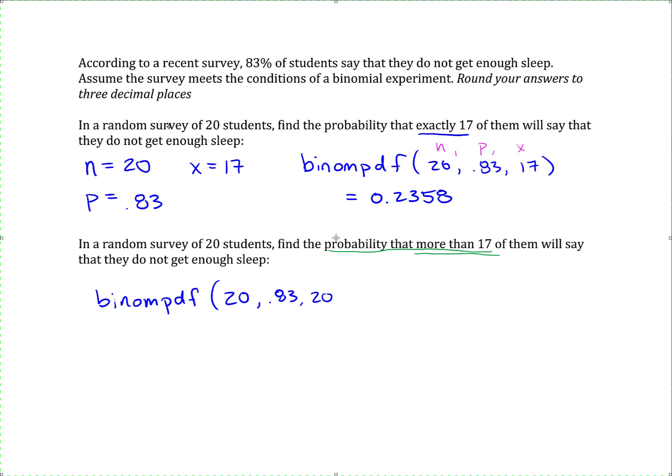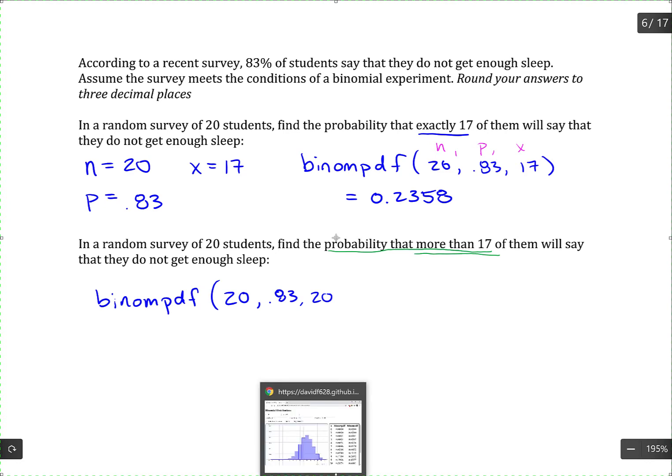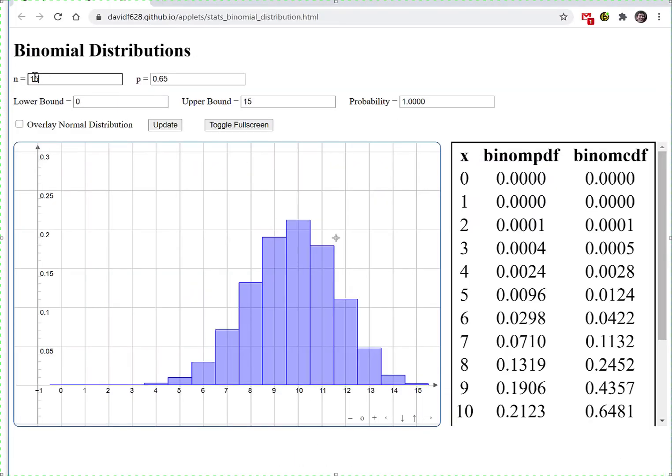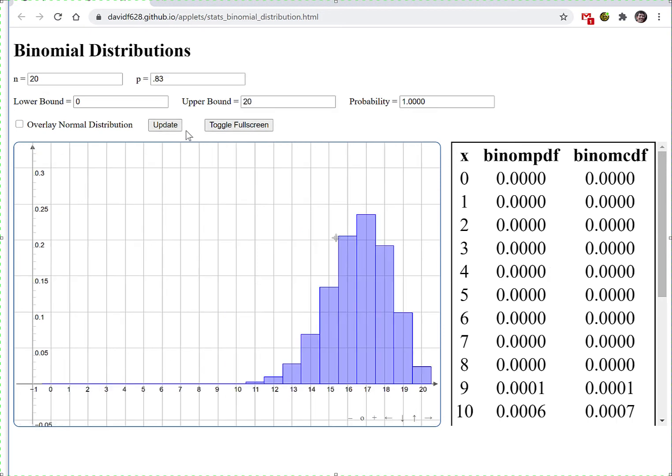Because in effect, what we're trying to do when we have binomial probabilities that are complex like this, we have 20 trials, probability of success is 0.83, and just go up to 20 and leave it. This is what our binomial distribution looks like.